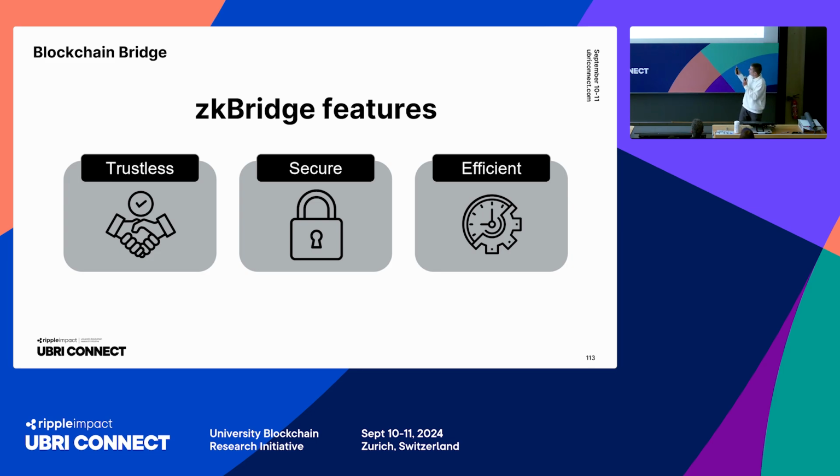We have the secure property, which comes from zkP. zkP is mathematically secure. We've heard a lot about zkP, so I won't bother you too much with the specifics, but it's used in this protocol, as we'll see later. And finally, it's efficient, because zkP is not only very secure, but really fast to verify. You could have huge statements that can be verified in milliseconds.